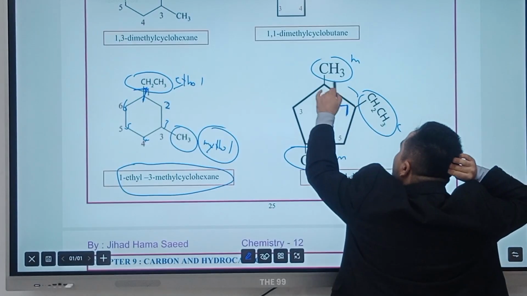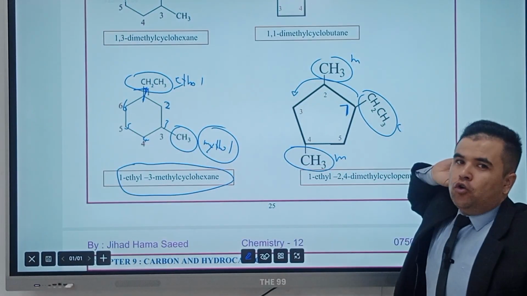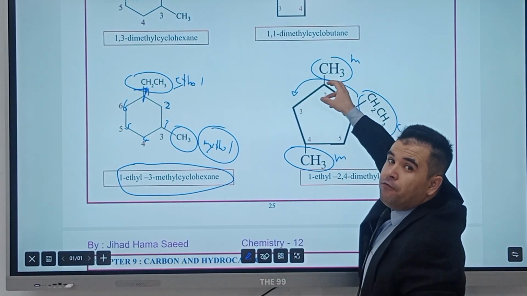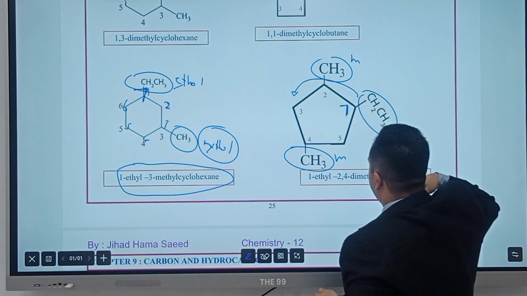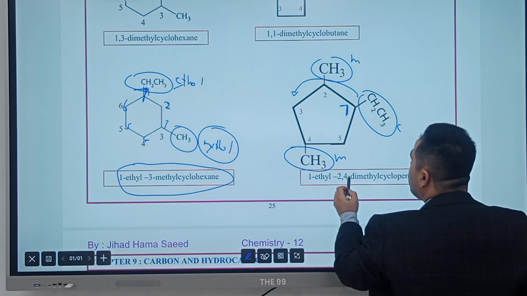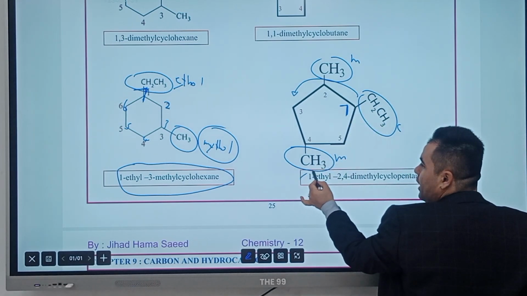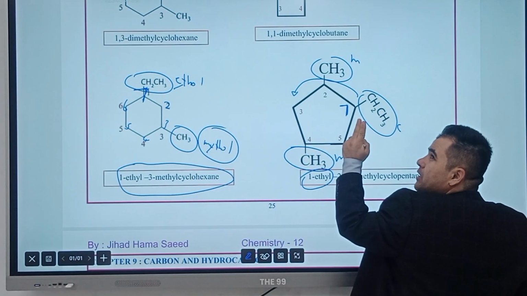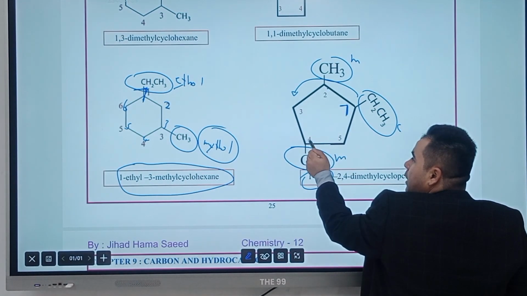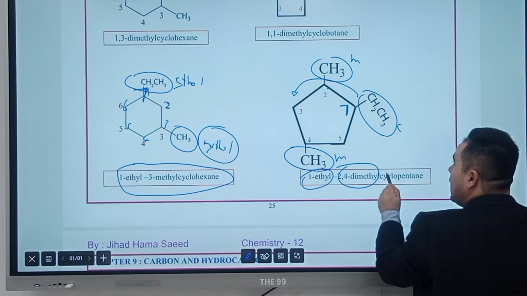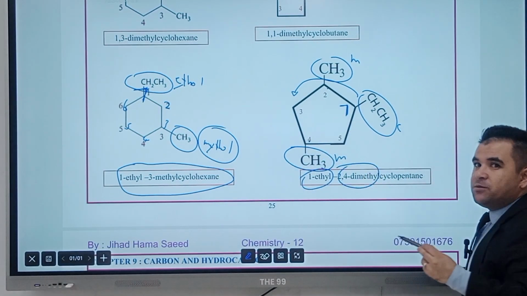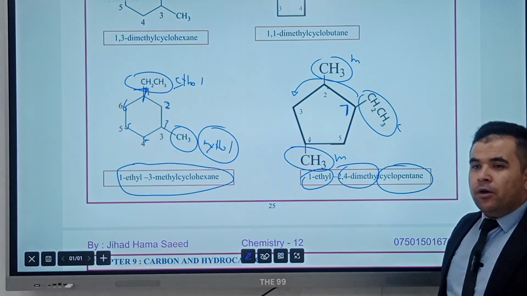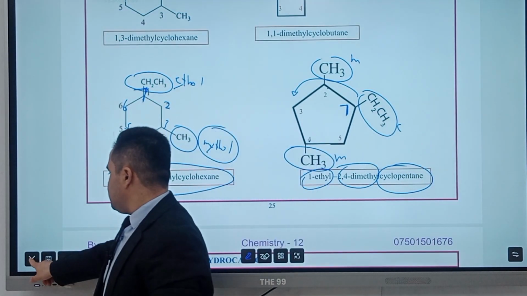So you have to rotate in a counterclockwise direction, because here the branch comes closer to the other branch than that. On the first we have an ethyl, so write down 1 ethyl. Second and the fourth, 2 methyl. Write down 2,4 dimethyl, and then the number of the parent is pentane, cyclopentane. You should write it as the number of the parent, guys.